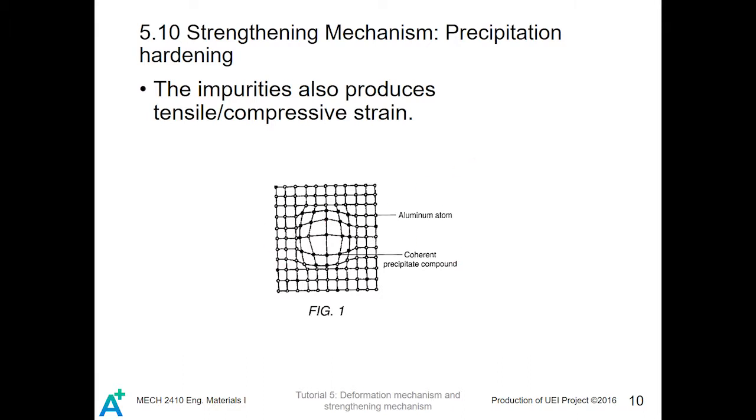Here, the aluminum alloy has a different phase at the center, and at the outside the aluminum is at a different phase again, and that will produce a tensile or compressive strain, just like the addition of impurity atoms in solid solution hardening. That's basically why this method can also produce materials with higher strength.